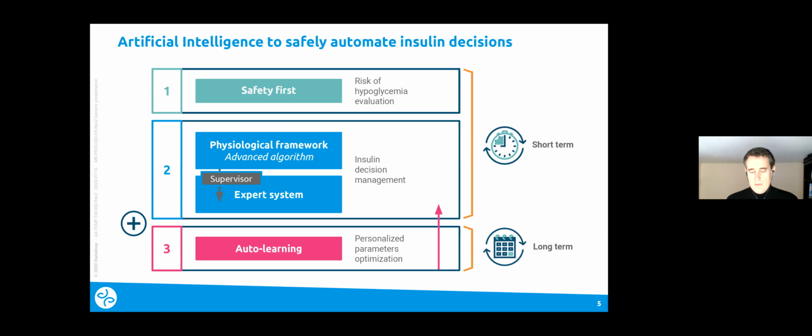And so we have a supervisor that makes sure that the machine learning algorithm understands what's happening. It's a high reliability check, and if this is not the case, it's going to hand it over to an expert system, which is an if, then, else. So basically a decision tree based on what an expert patient or a doctor or a diabetes nurse would do in any given situation. We model those decisions.